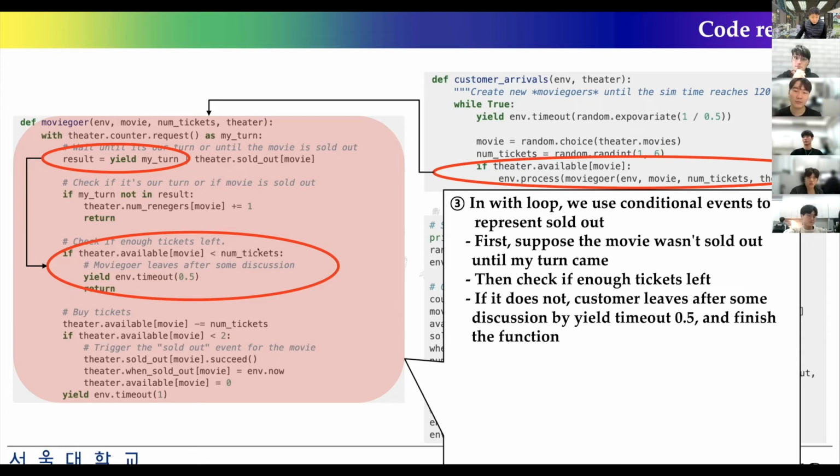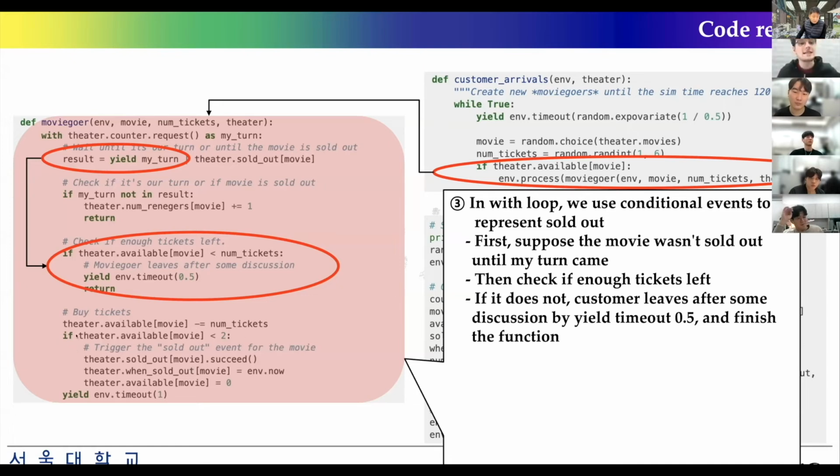But if the number of tickets that remain is bigger than the required number of tickets by the moviegoer, then he or she can buy tickets here. So the available number of tickets of the relevant movie will be decreased by subtracting the number of tickets.